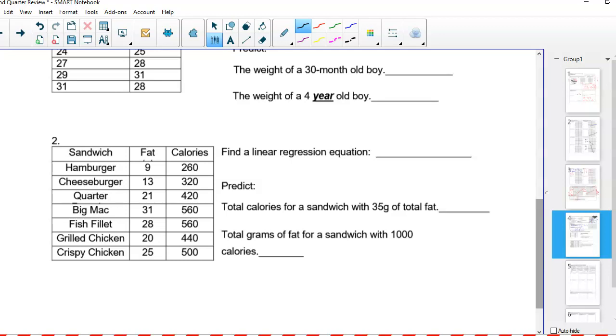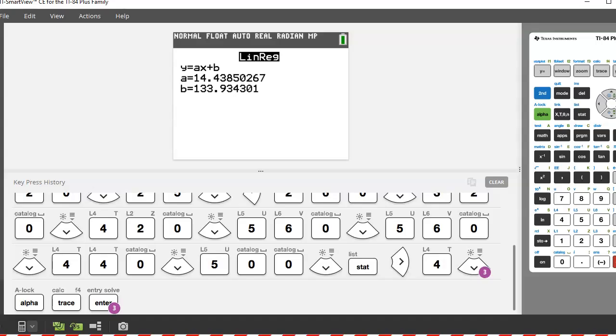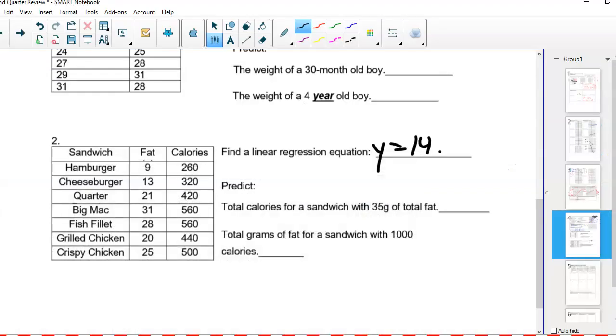I would use at least 1 decimal. So y equals 14.4x plus 133.9. Is that right? Okay. How do you know when to round? If it says to, then yes. If not, use at least 1.